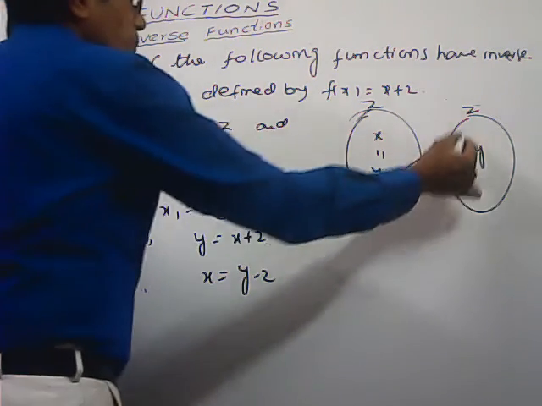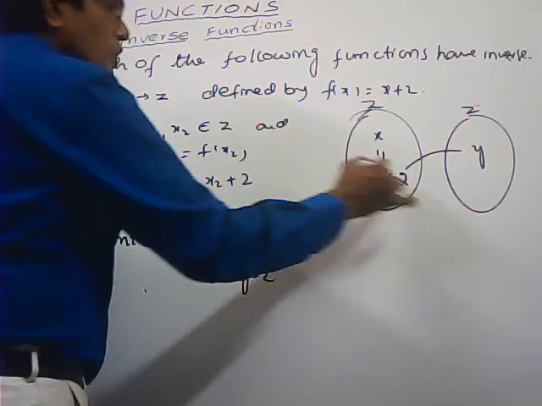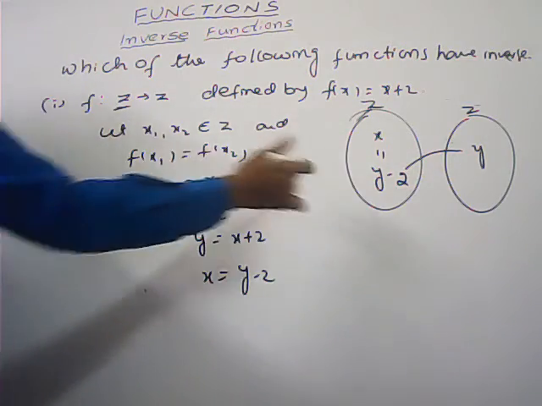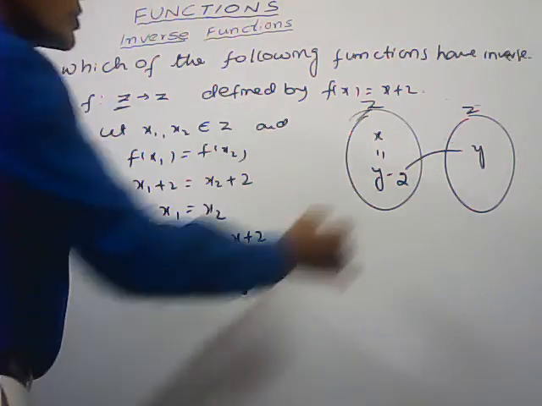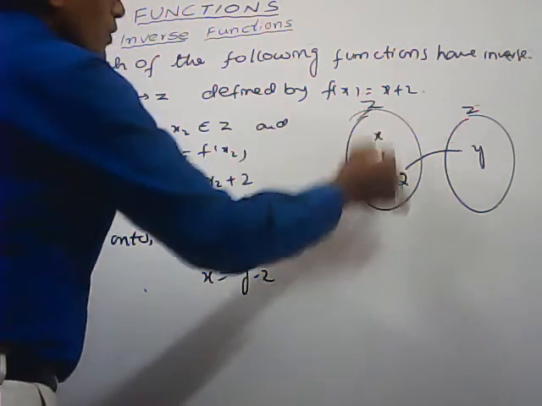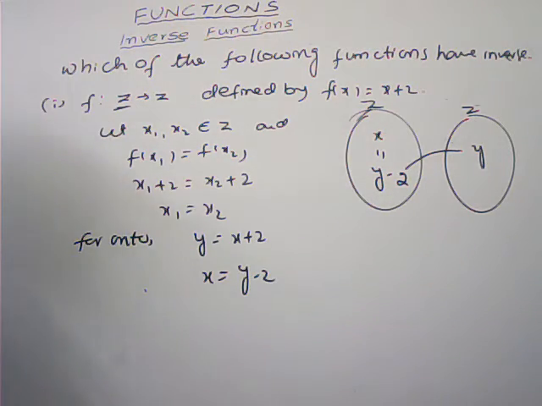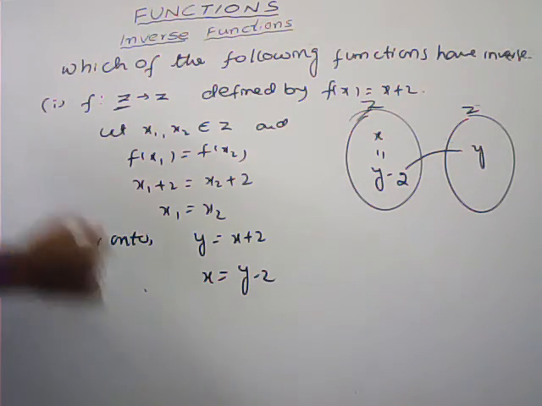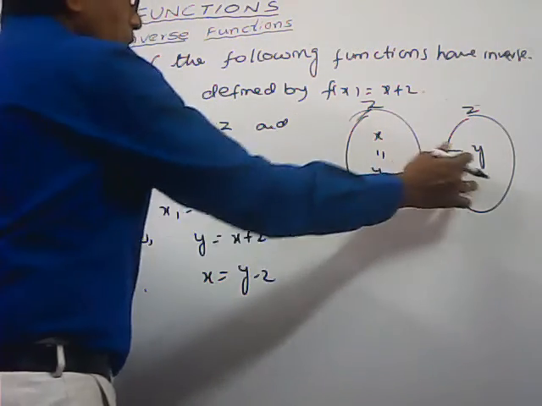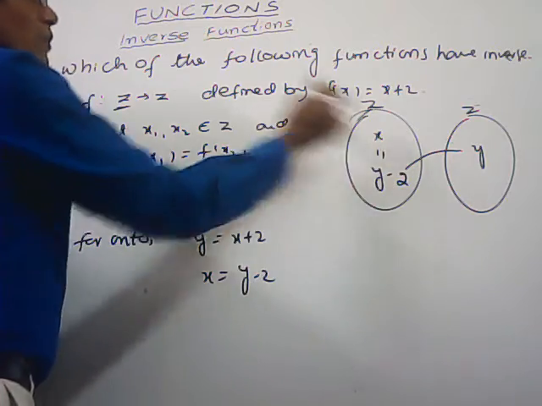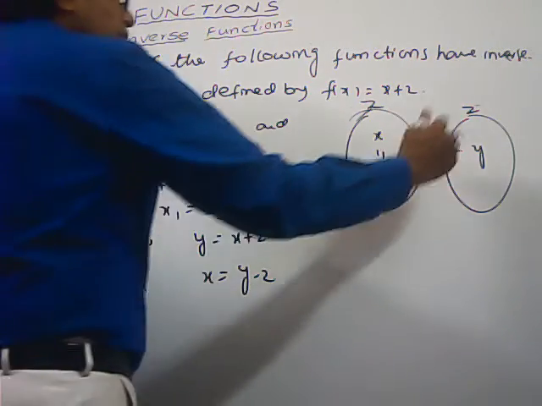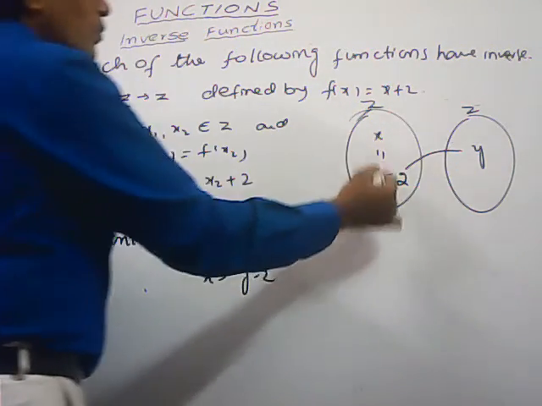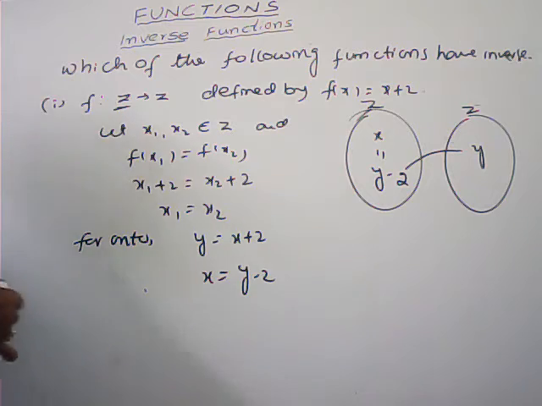Now, for every y belongs to Z, whether y minus 2 is an integer, we can check that. For example, if I take 3, what is the pre-image of 3? 3 minus 2 is 1. 1 belongs to Z. Like that, you can take any integer, y minus 2 also belongs to integers.